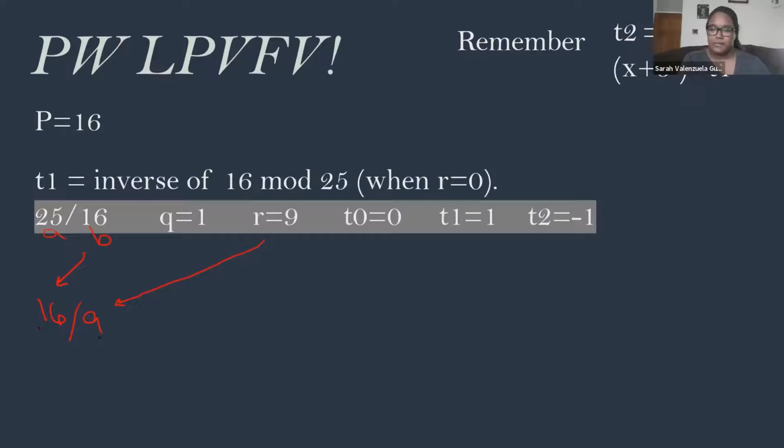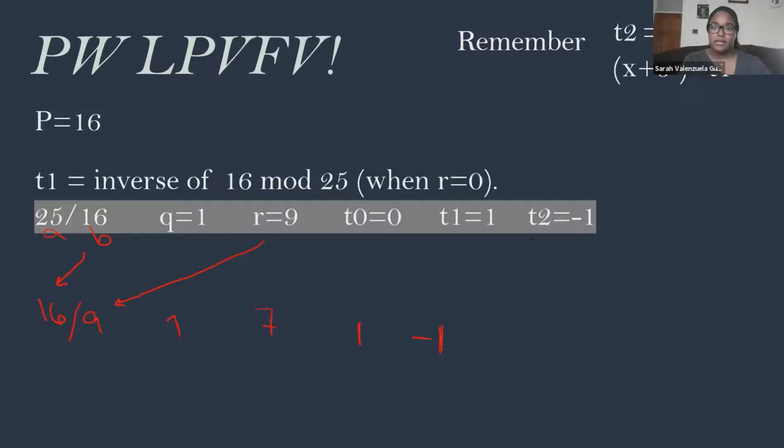So 16 divided by 9 is equal to 1 with a remainder of 7. Then these two values are going to change now. As we say, T0 is going to be the T1 from the previous row, so T0 is going to be equal to 1. Then T1 is the T2 from the previous row, which is equal to minus 1.